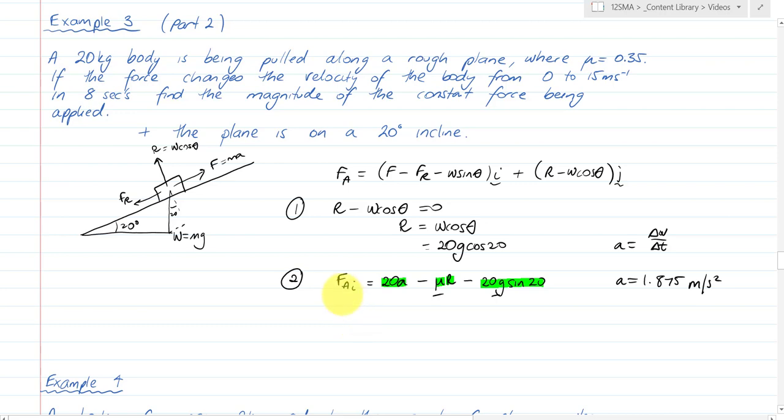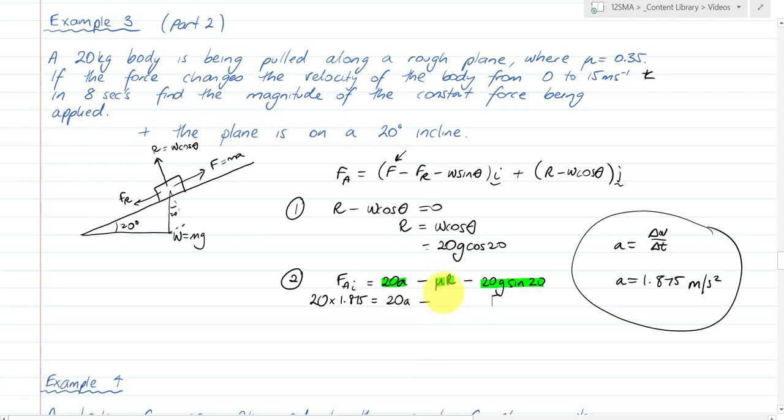And so, F resultant is equal to MA of motion. It's the overall, which is 20 times the A of motion, which we've determined here. So this goes 1.875 here. That's equal to 20 times A, which is the acceleration applied. That's the force there that's being applied to make this motion happen.